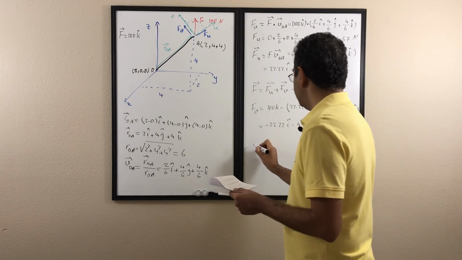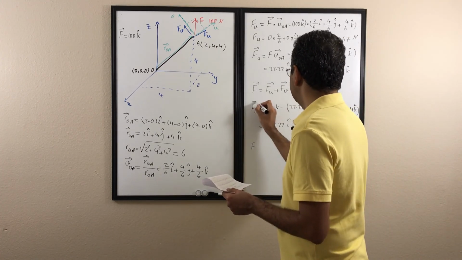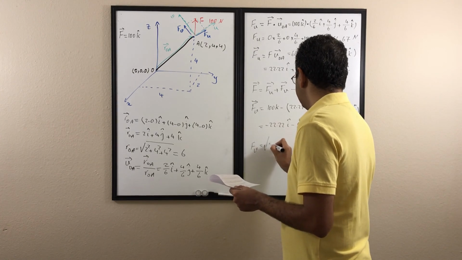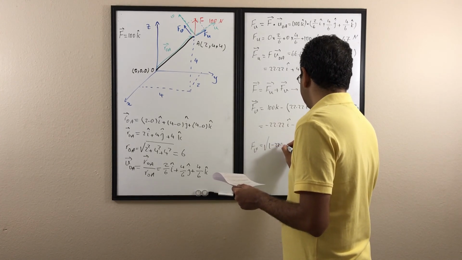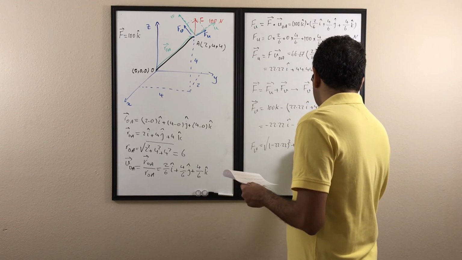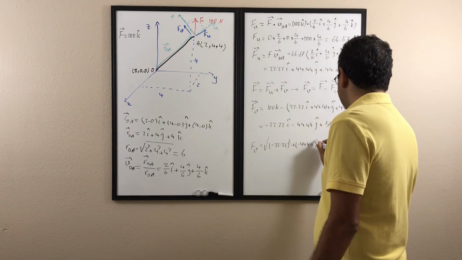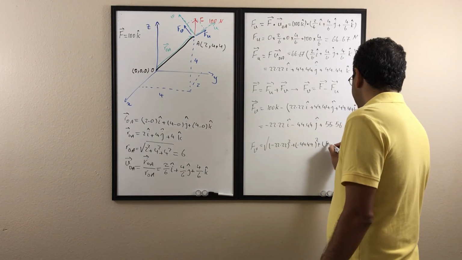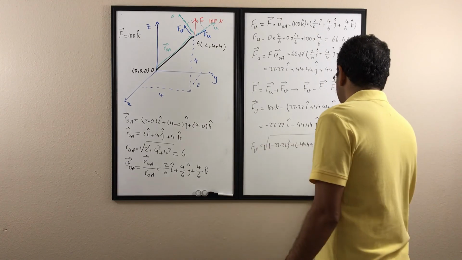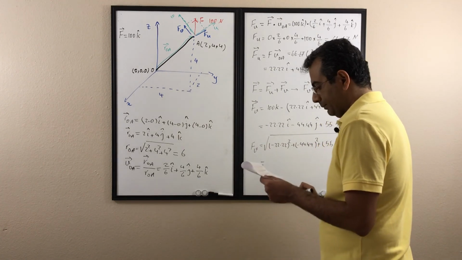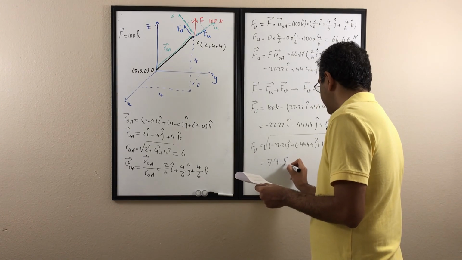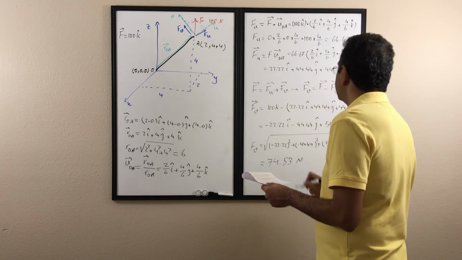If you want its magnitude, it's the square root of 22.22 squared plus 44.44 squared plus 55.56 squared, which gives us 74.53 Newton.